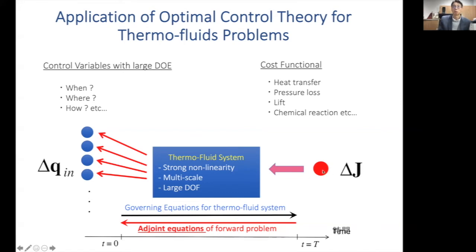You assume some small perturbation in your cost function, and you calculate how it propagates into the control input. Once you get this information, you update your control input based on that sensitivity. This sensitivity can be obtained by solving an adjoint equation of the forward problem, as schematically shown here, which is solved backward in time.